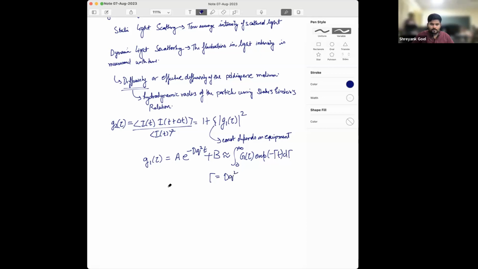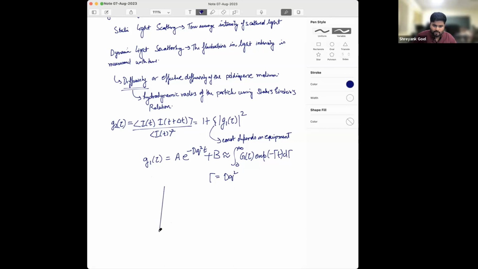This comes in the dynamic light scattering technique. These are the functions that correlate intensity with time.